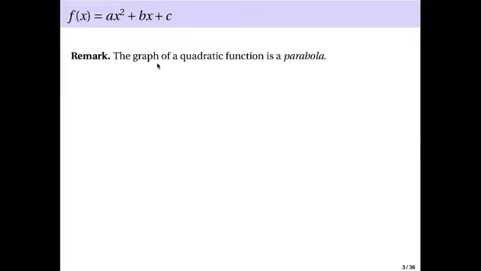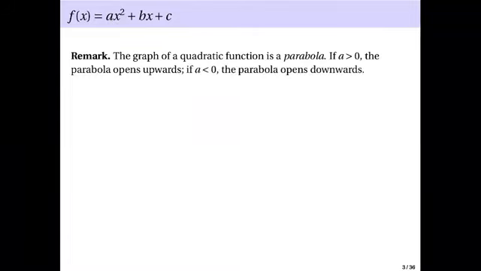For the quadratic function, we'll get a parabola. If a, the coefficient of x squared, is greater than 0, the parabola opens upwards. If a is less than 0, the parabola opens downwards.